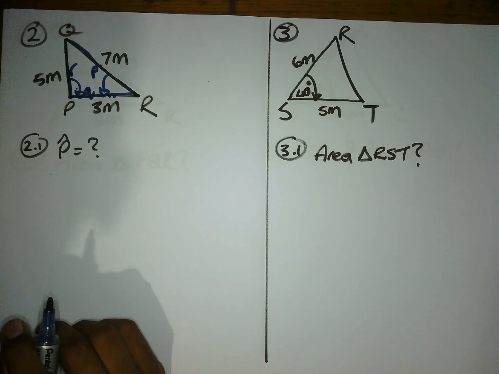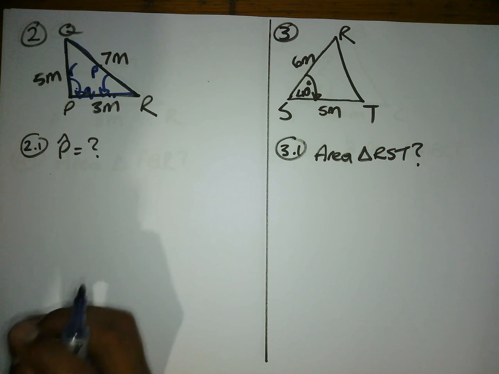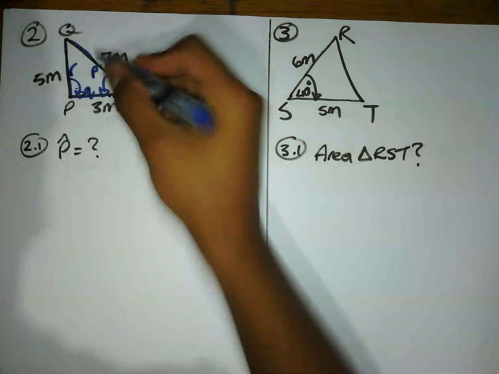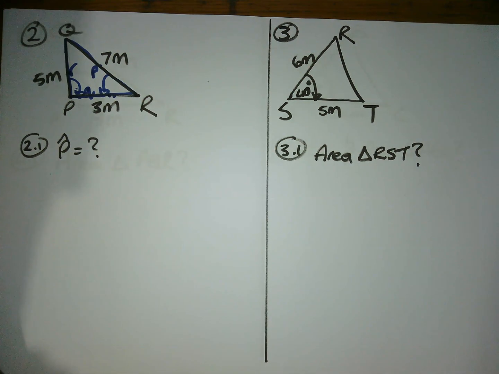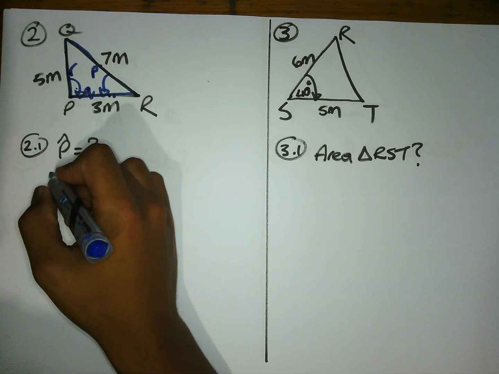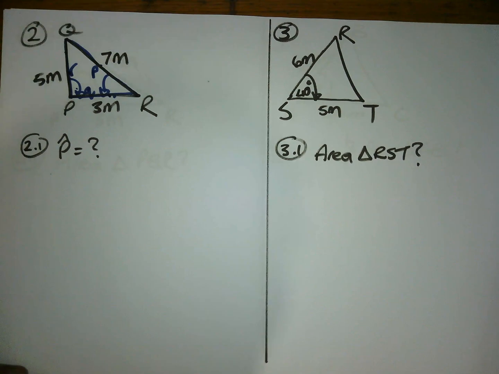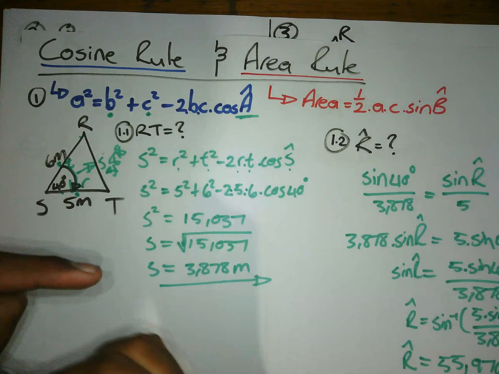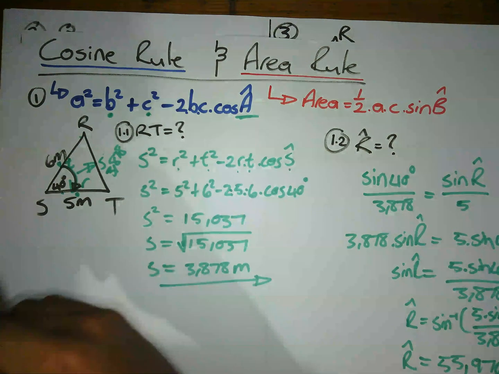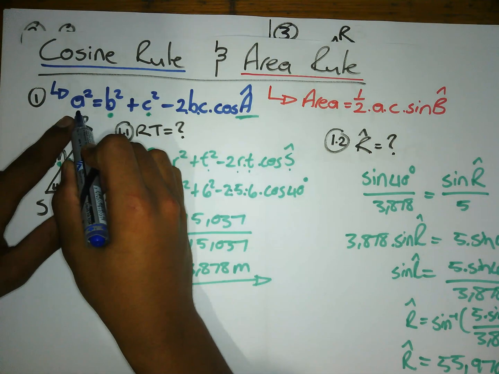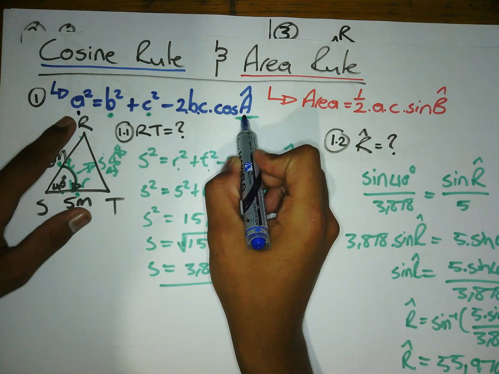I must start with the side that is directly opposite it. What I mean by that is the side you start with is the angle you end with in your formula, right?